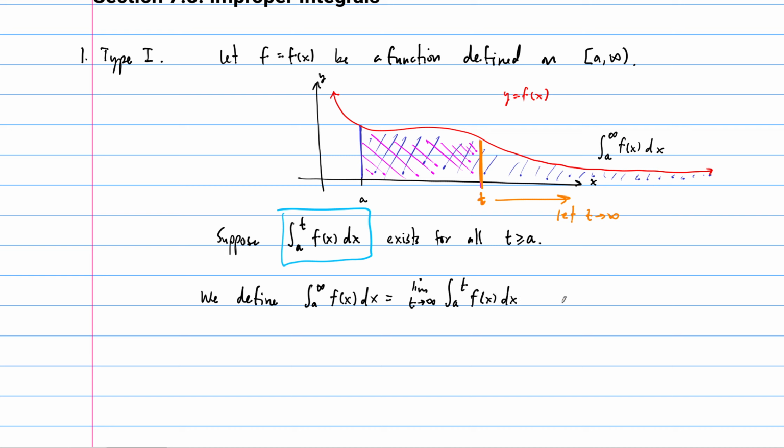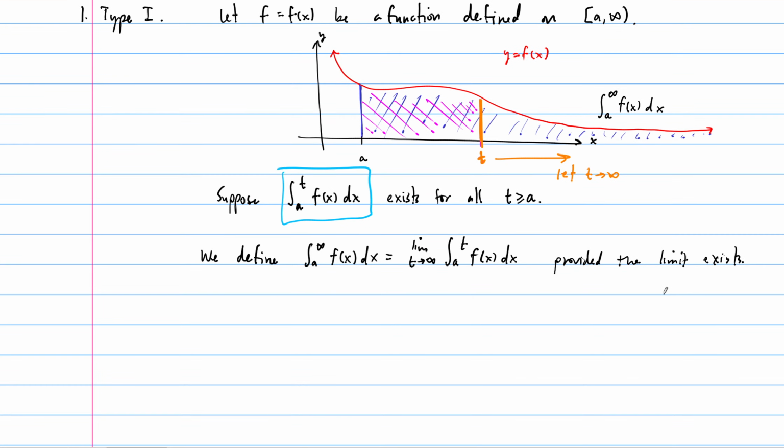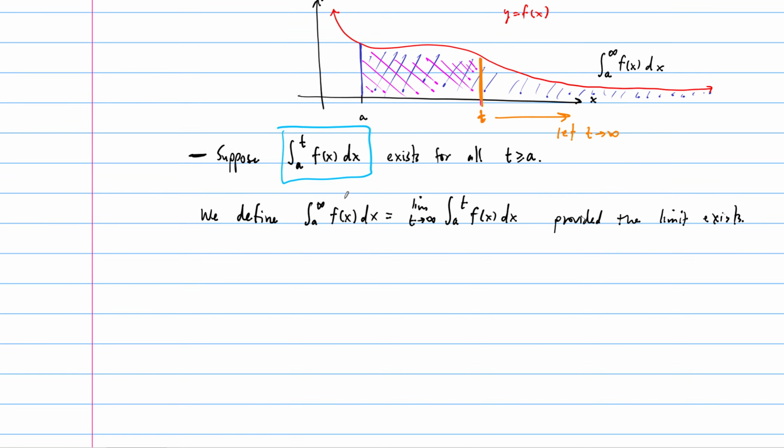And whenever you define something by a limit, you always have to add this caveat and say provided the limit exists. By the way, to even be thinking about this, we've already decided that our partial integrals all exist. So if the partial integrals exist but the limit does not exist, then we say that this integral diverges.